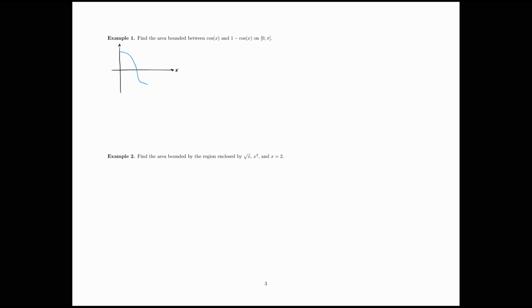Cosine of pi is -1. There we go. All right, and that looks like about pi right there.